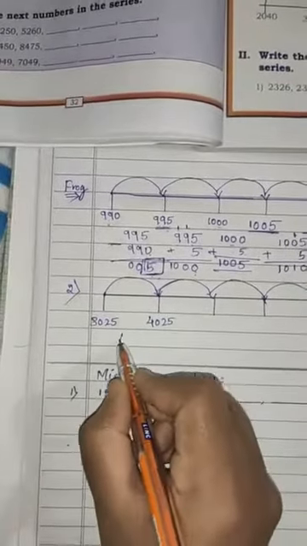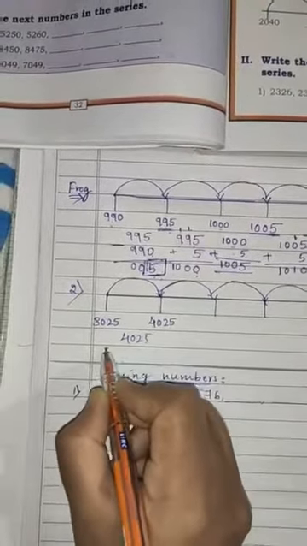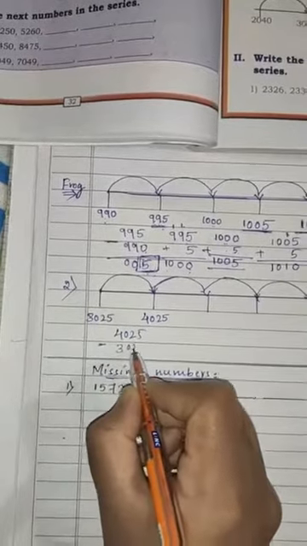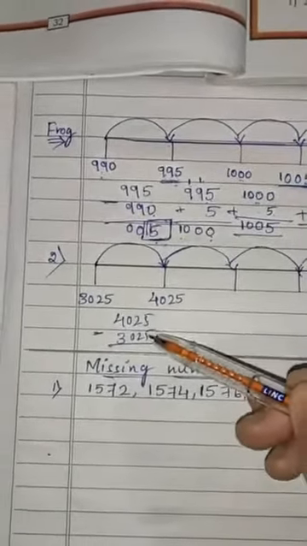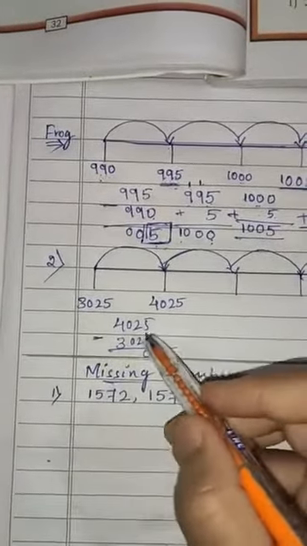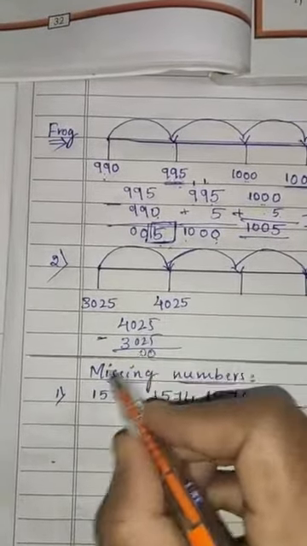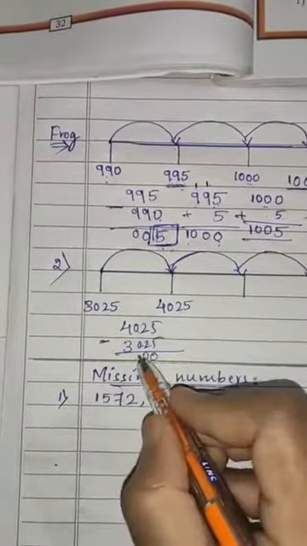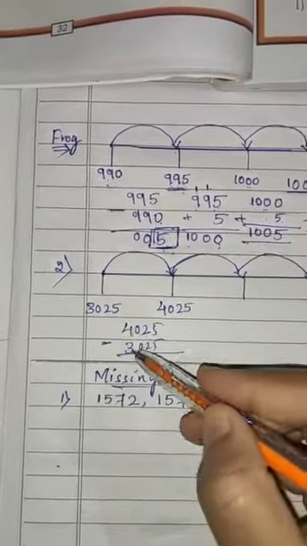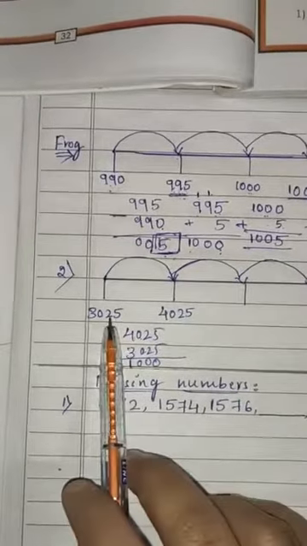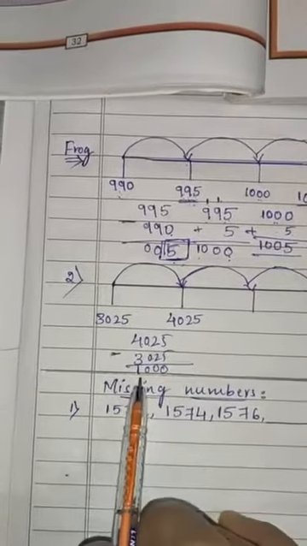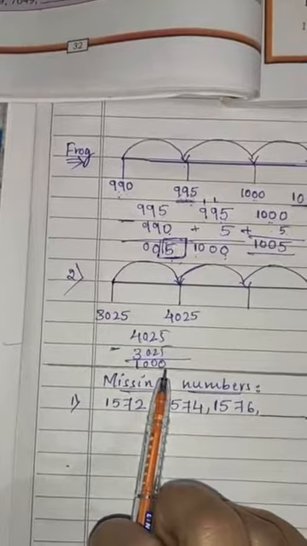So let us write here 4025 minus 3025. Okay. So 5 minus 5 is 0. 2 minus 2 is 0. 0 minus 0 is 0. Next 4 minus 3, yes, it's 1. So what is the difference between these two numbers here? Yes, it is 1000. Right?